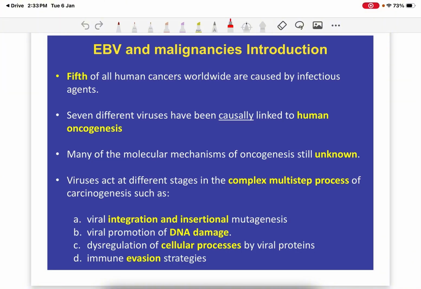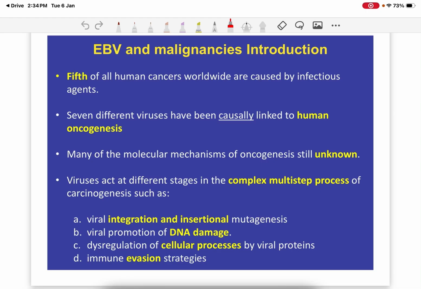Epstein-Barr virus with Hodgkin lymphoma, and others that we'll be discussing in a minute.